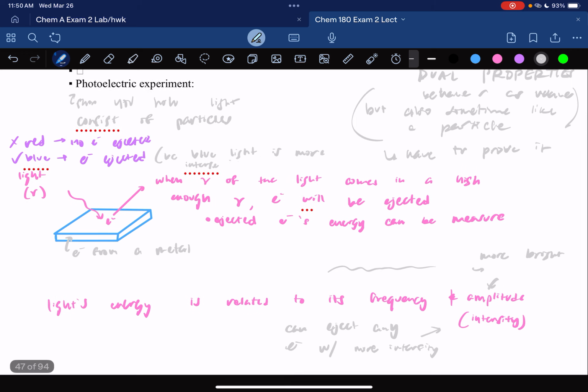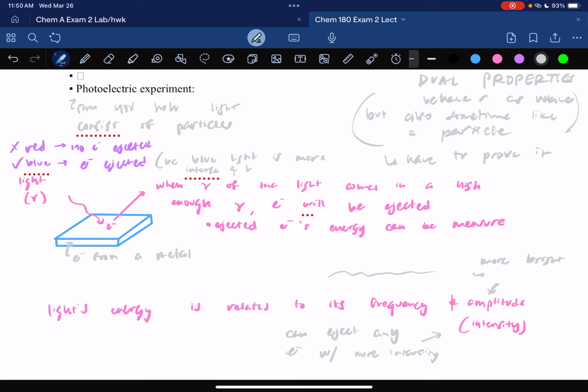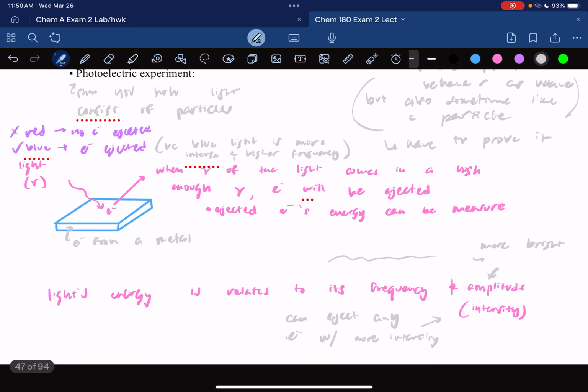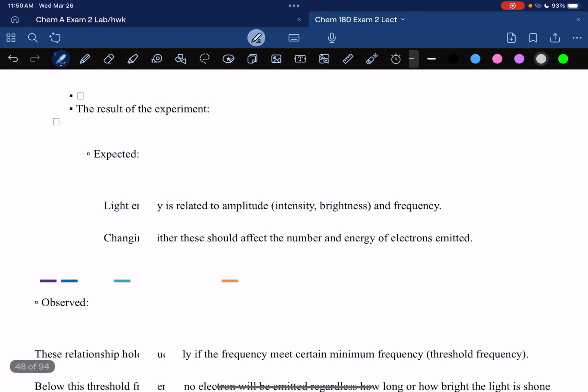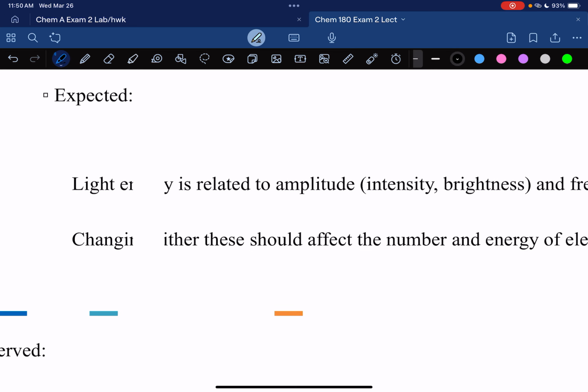So what we expect is that energy is related to amplitude, the intensity or brightness of the light, and to frequency, nu. Changing either of these two should affect the number and the energy of the electrons emitted. We should be able to vary or increase those two, and that will give you electrons.